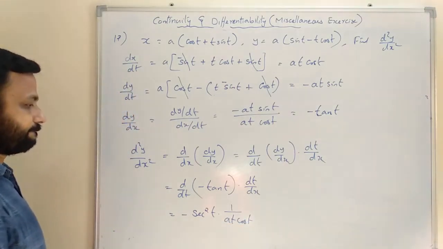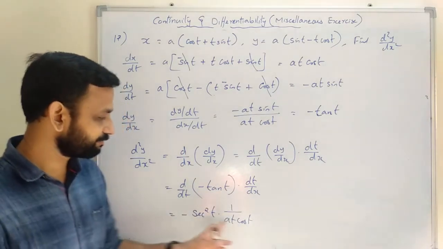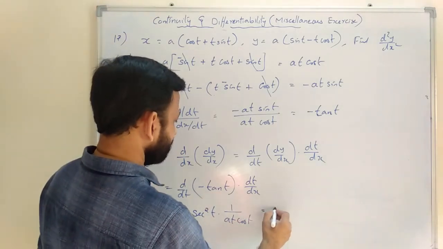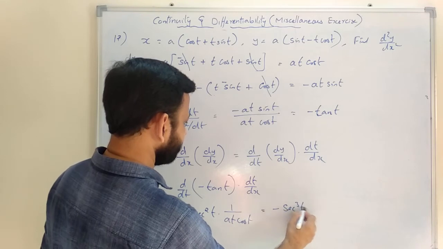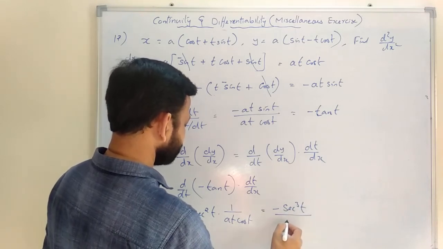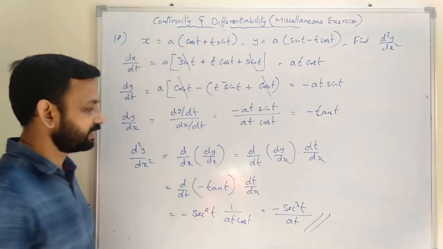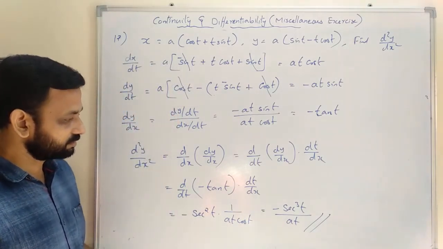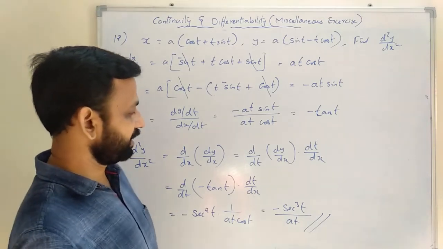Then that cos t we can take as 1 by cos t, that is sec t, and sec t into sec² t gives minus sec³ t divided by 8t. So this is the answer, minus sec³ t divided by 8t.